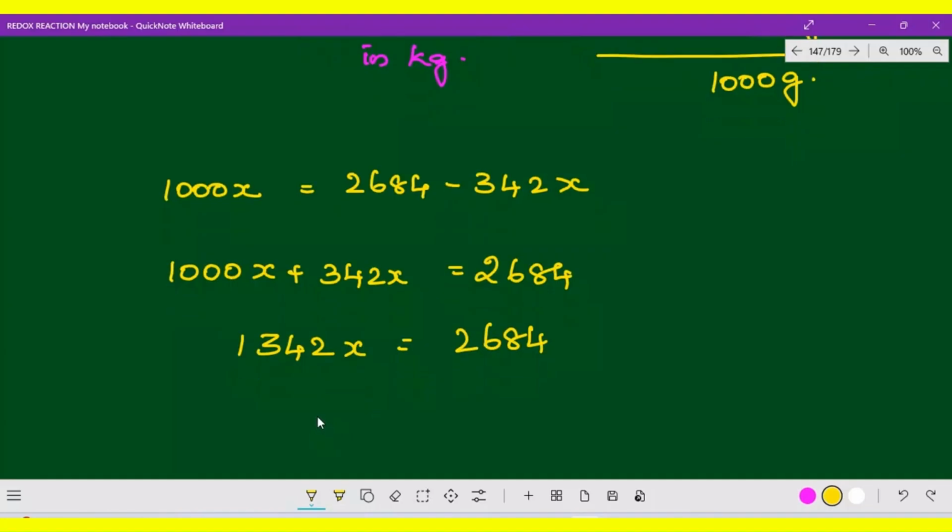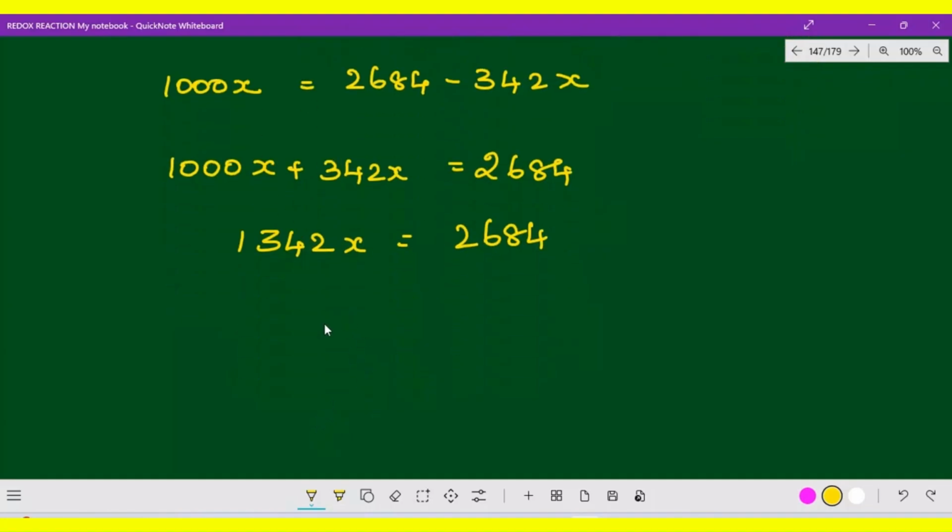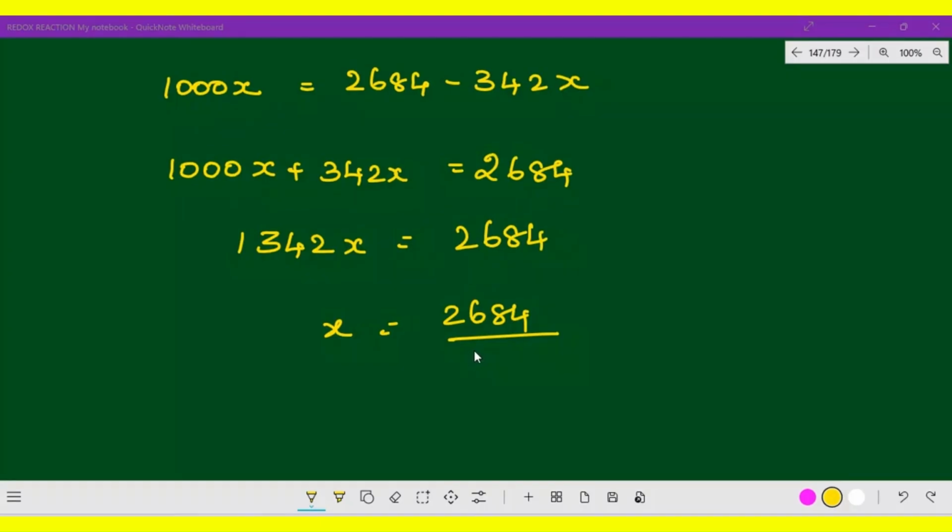So x equals 2684 divided by 1342. You will get 2. This is 2 moles. X is in moles only.